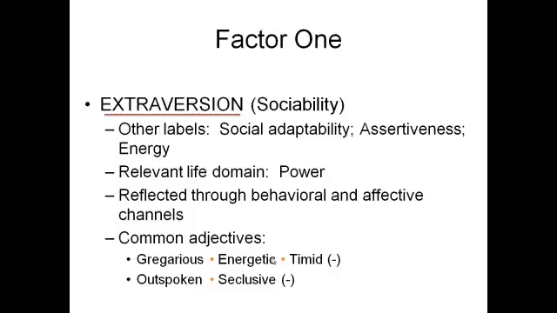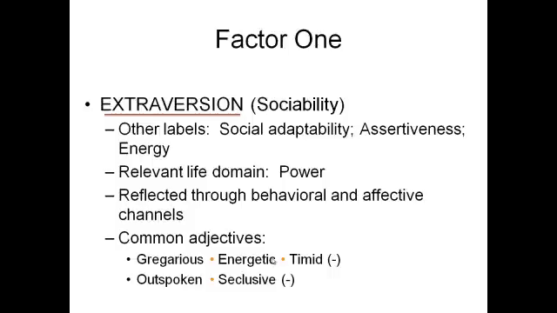This one comes up all the time on the studies that come up with the 5 factors. But again, different researchers give them different labels: social adaptability, assertiveness, energy. Peabody and Goldberg, the life domain, would call extroversion power.